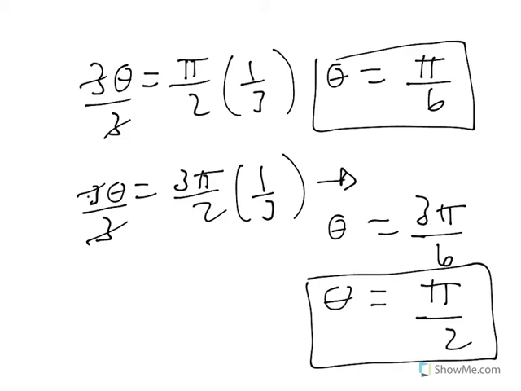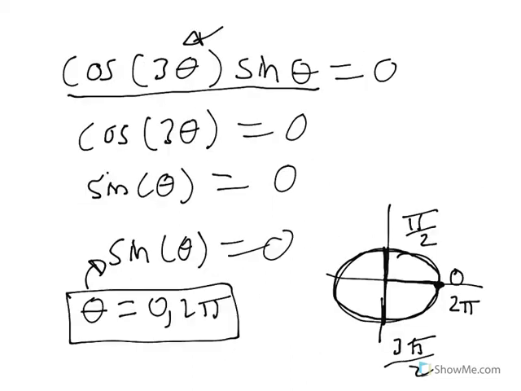Now what we want to do is write down all the solutions we have. Going back to what we're trying to solve, we have the cosine of 3 theta times the sine of theta equals 0. That equals 0 when the cosine of 3 theta equals 0 or the sine of theta equals 0. For the sine of theta to equal 0, we have the solutions 0 and 2 pi.